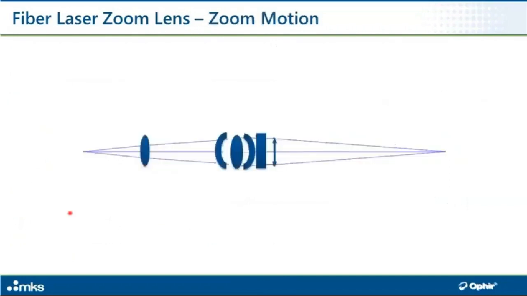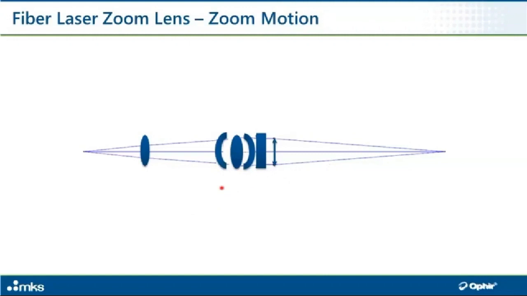So this is a layout of a zoom lens, and we will now see how it is operating. I will show you a set of slides in which the position of the lenses will be changed, and consequently the beam which will leave the lens will be changed.